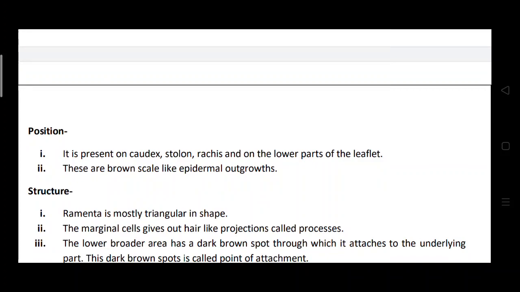The ramenta are mostly present on the cortex, stolons, rachis, and on the lower parts of the leaflets. They are brown scale-like epidermal outgrowths. So ramenta are epidermal outgrowths, and they are brown in color. They are mostly present on the cortex, then stolon, rachis, and lower part of the leaflets.